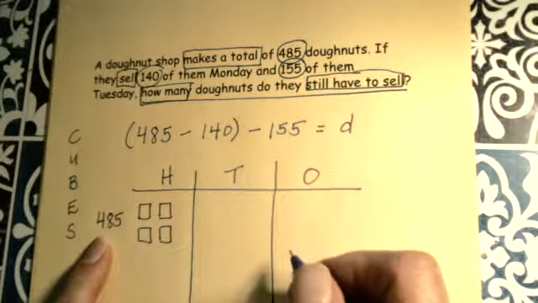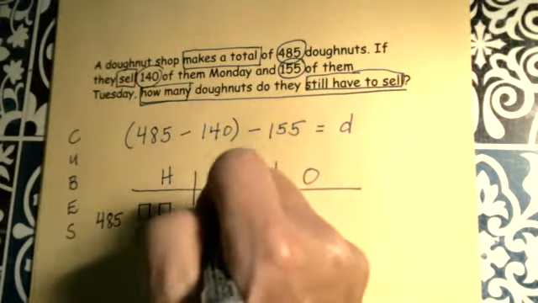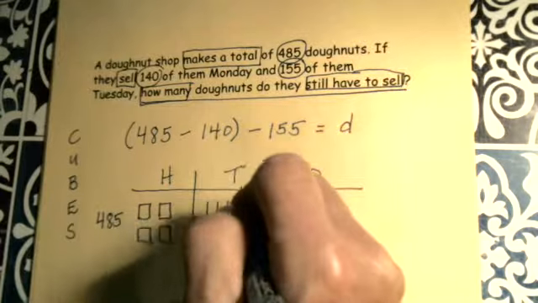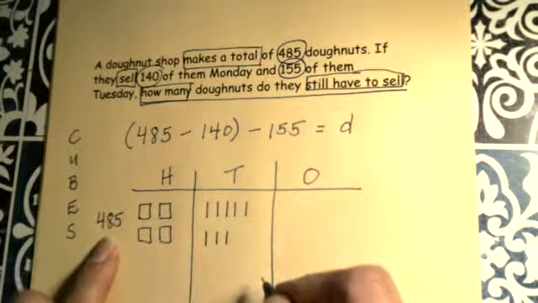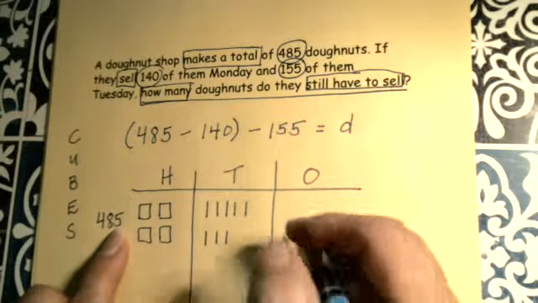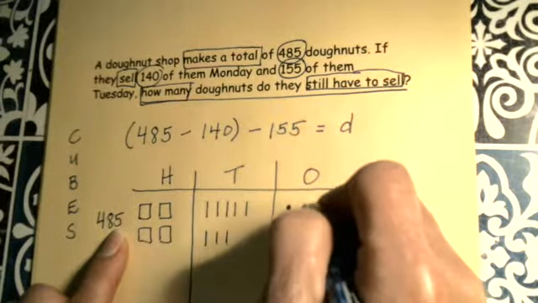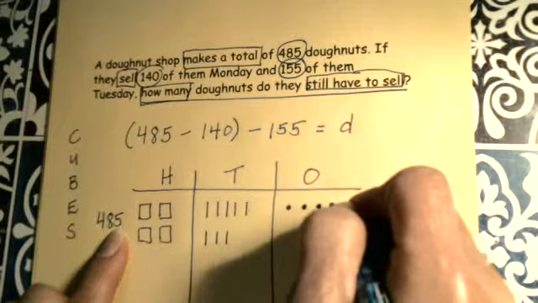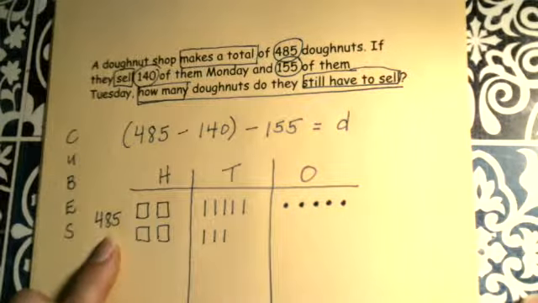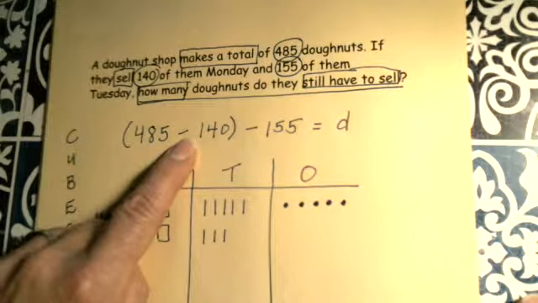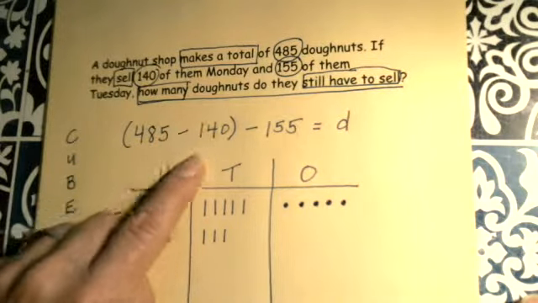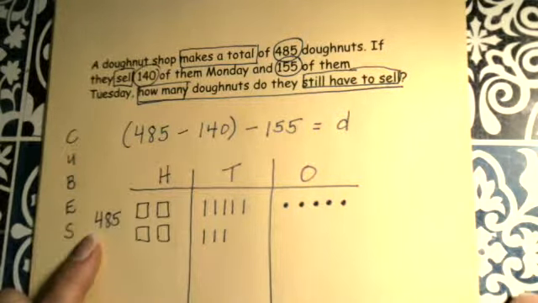So there's 4 of them. Tens, I do 1, 2, 3, 4, 5, 6, 7, 8 tens, because 80 is 8 tens, and there's 5 ones. Okay, so I have 485. Now I first need to get rid of 140. I need to subtract 140.